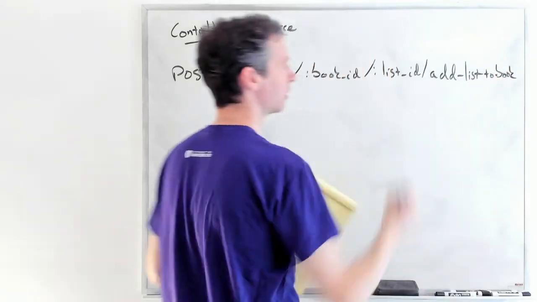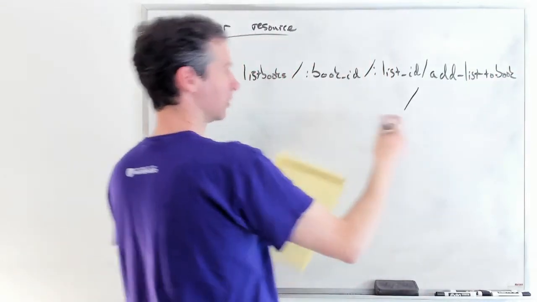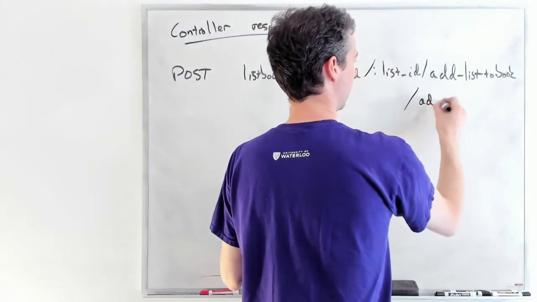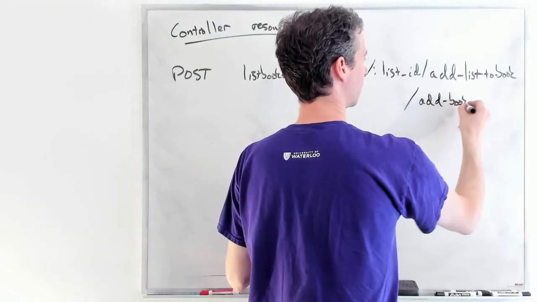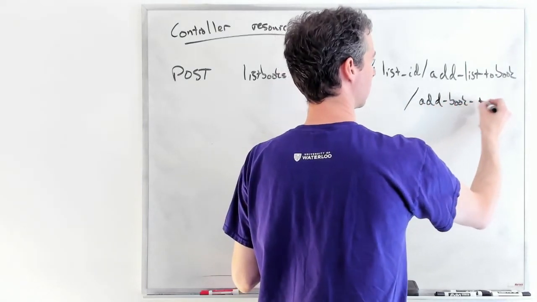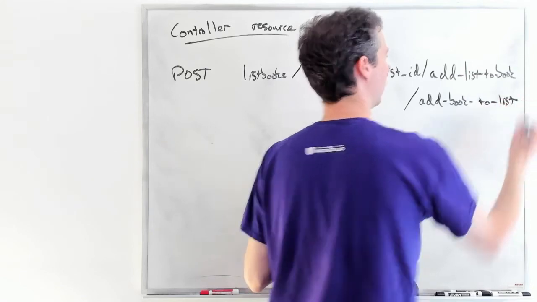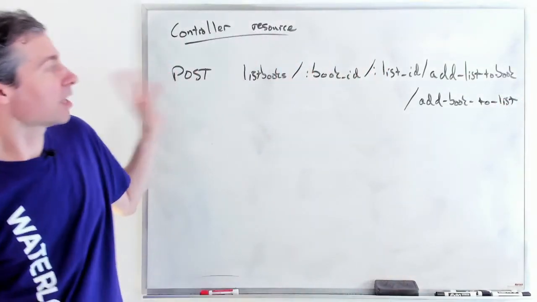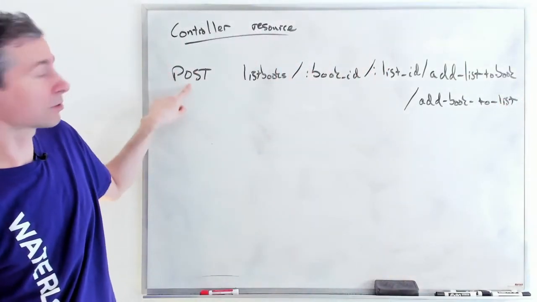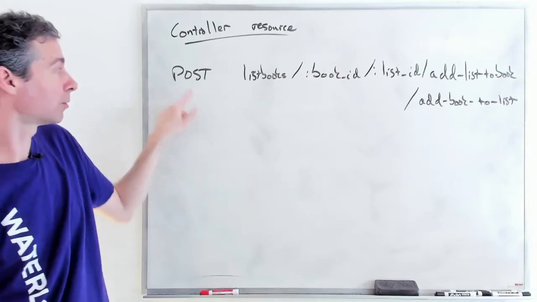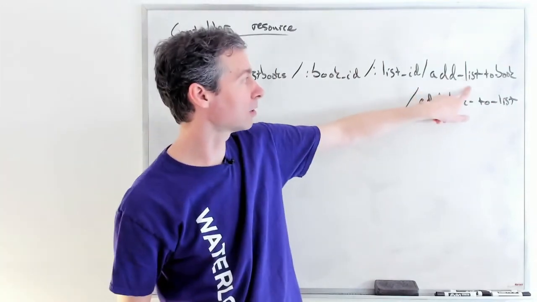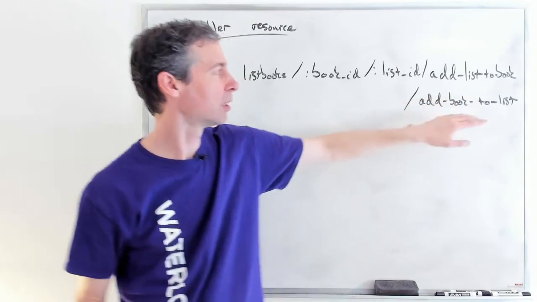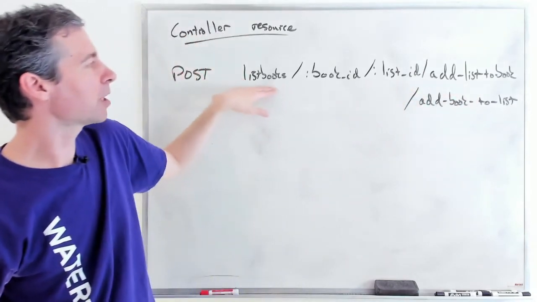Okay. And I could have another one, which was add book to list. Aha. So again, now it's a controller resource, and so we do post. We're not patching, we're posting, because we're calling this procedure, and we're passing in these parameters.